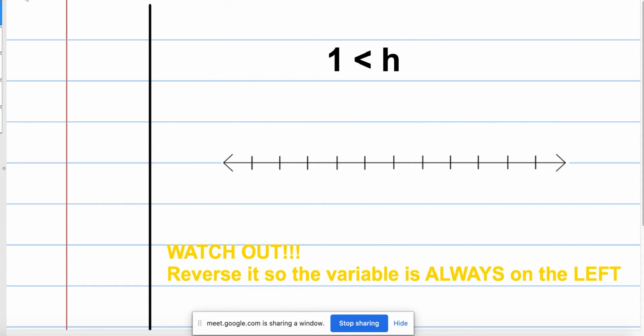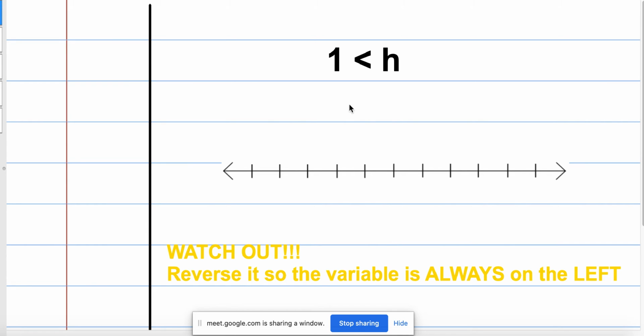Go ahead and give this one a try. You will notice I put "watch out, reverse it," so the variable's always on the left, because it kind of reverses things. If you want to think of this, I need all the numbers bigger than 1. So I put the 1, I circle it because it's open, it's not equal to it, but I need the numbers bigger than it. So it's going to go this direction.